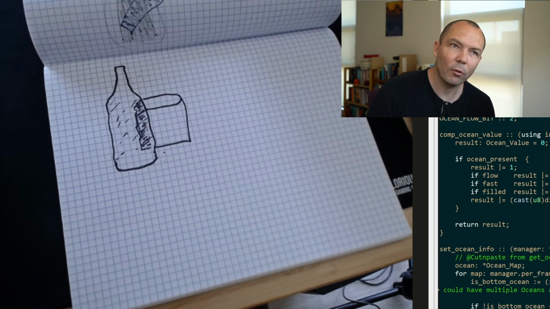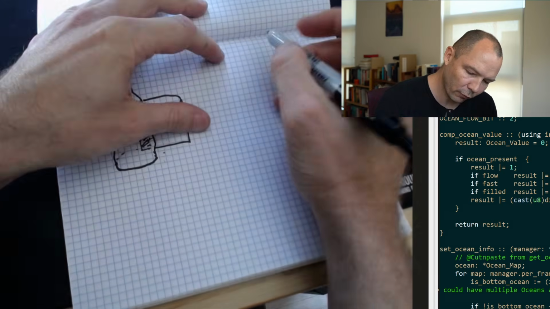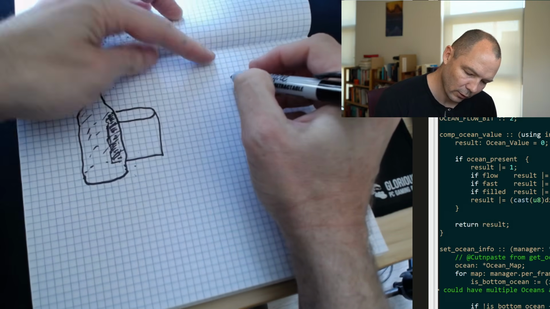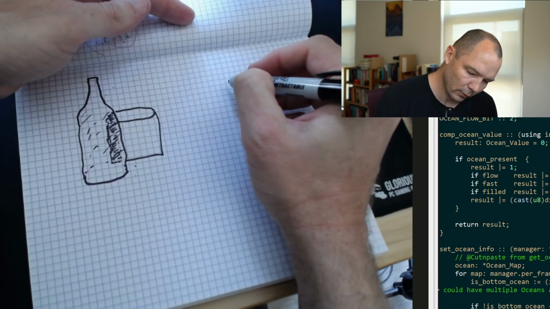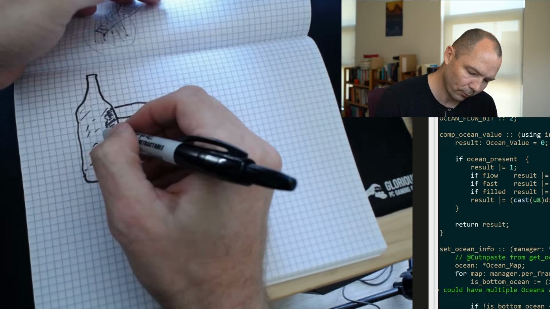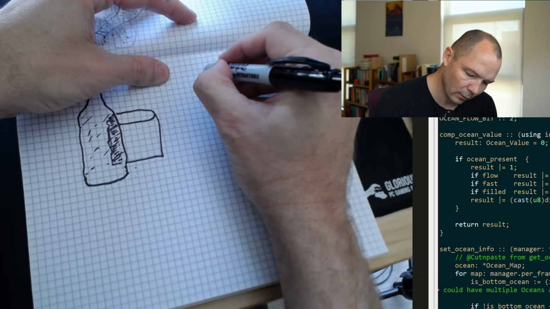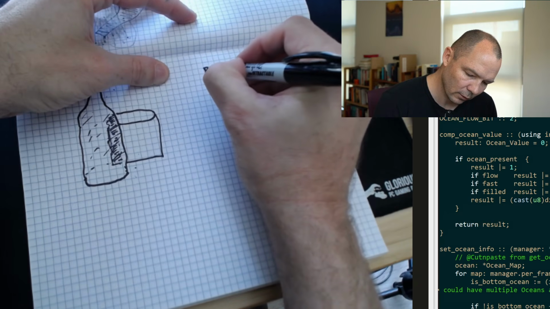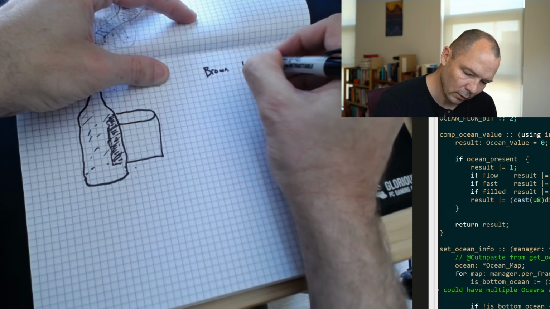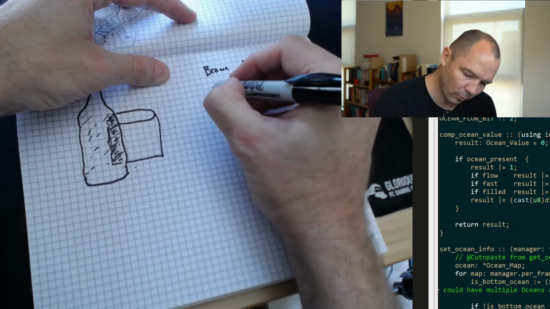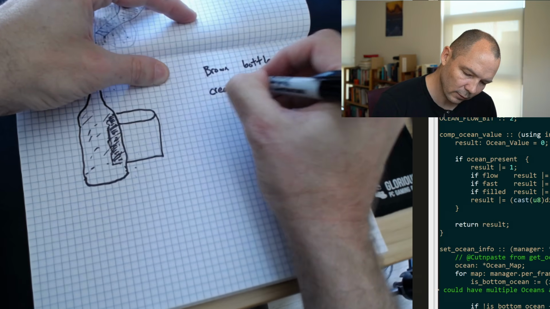So let's say we have a brown bottle, and it's in front of a cream colored cheesecake.